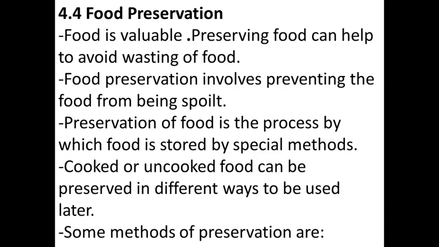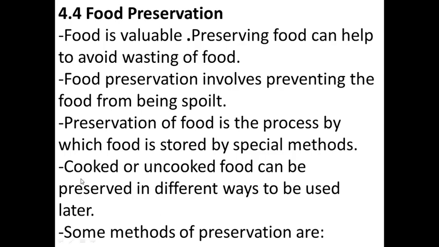We use different methods in food preservation. I have mentioned here in simple words the definition of food preservation: preservation of food is the process by which food is stored by special methods, means different methods we use to preserve our food, to protect our food, to store our food.